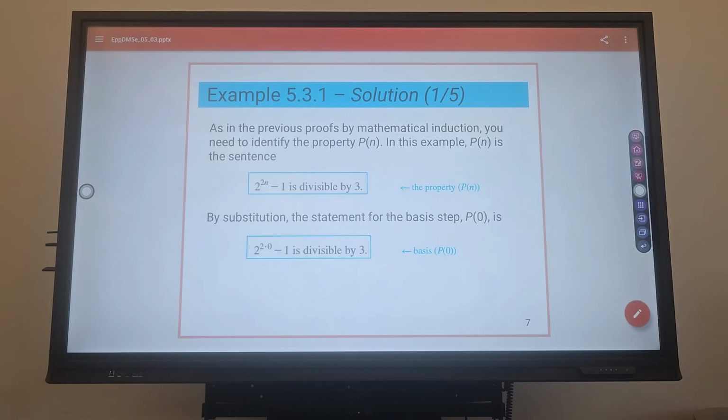In this example, P of n is the sentence 2 to the 2n minus 1 is divisible by 3. By substitution, the statement for the basis step, P of 0, is 2 to the 2 times 0 power minus 1 is divisible by 3.